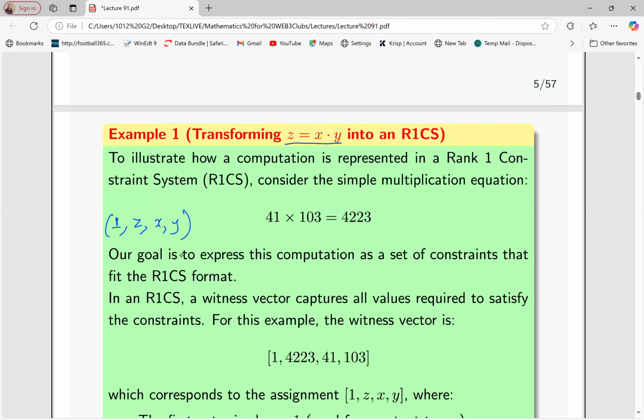So if I was to ask this person to give me the witness, to show me that he knows what these values are, without telling me the exact values, he can randomly generate and tell me, for instance, that X is 41 and Y is 103, so that Z becomes 4223. And so the witness becomes 1, then Z, 4223, then the entry values 41, then 103.